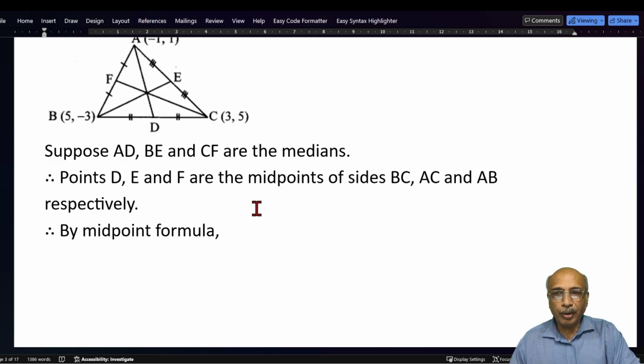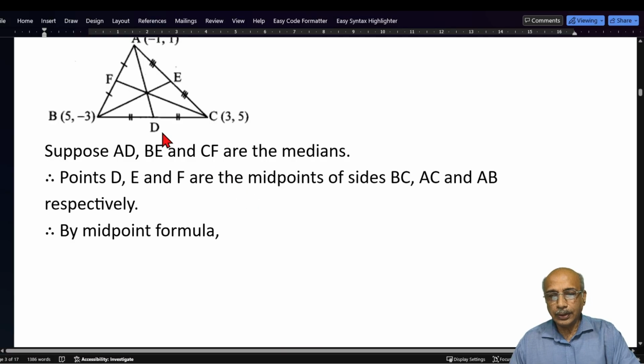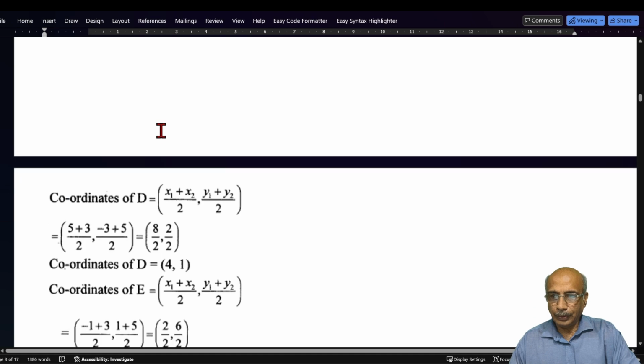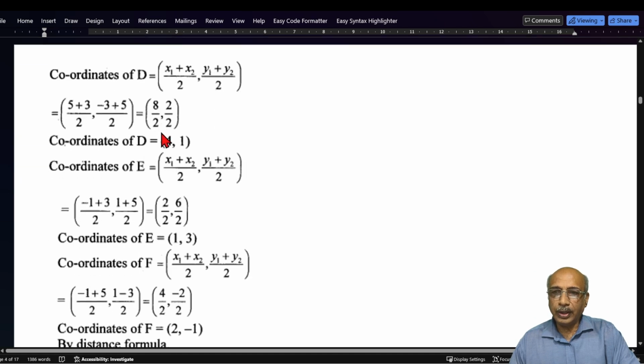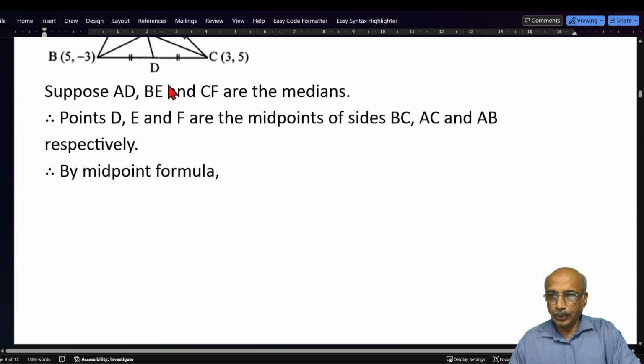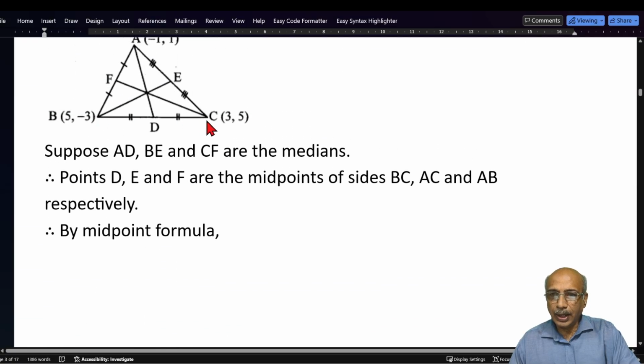Now, by the midpoint formula, we'll calculate the coordinates of points D, E and F. Coordinate of D, with respect to B and C, D is the midpoint; A and C, midpoint is E; and with respect to coordinates A and B, F is the midpoint.